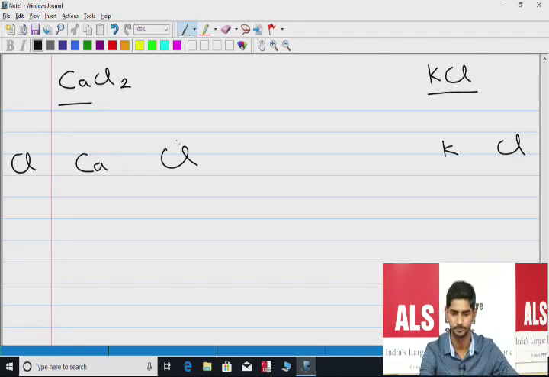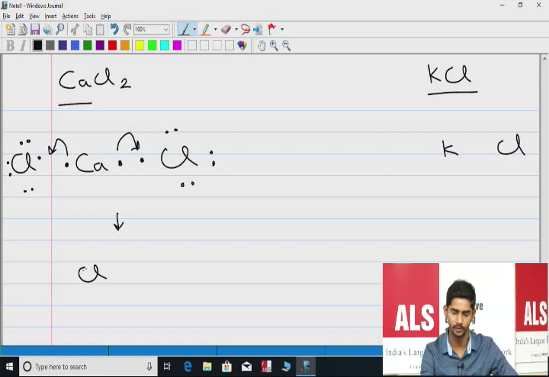Okay, let's start. See, calcium has 2 valence electrons, chlorine has 7. Calcium will donate its electron to the chlorine, and chlorine will look like this, minus.